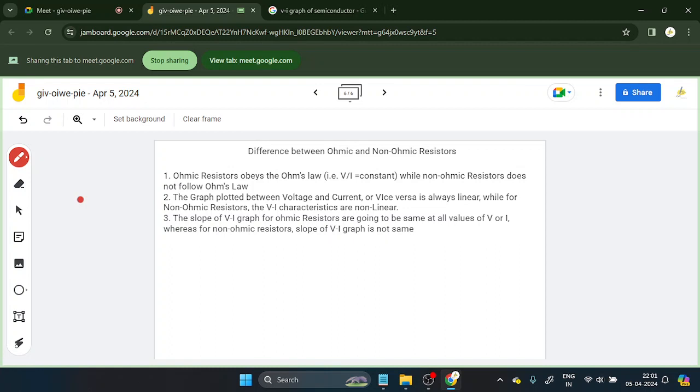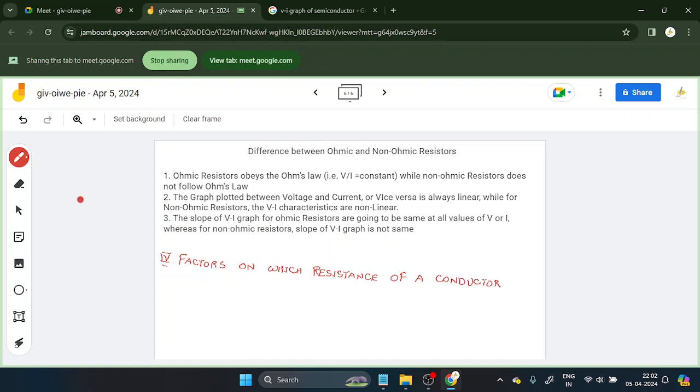So we are going to discuss the factors on which the resistance of a conductor depends.